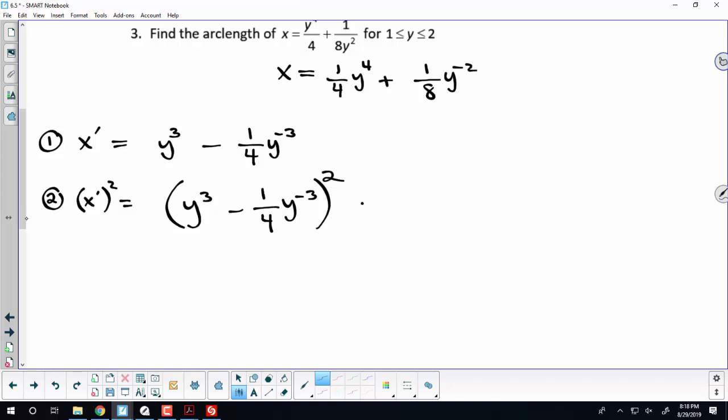But there we have the first thing squared, the last thing squared, and then twice the product of the two terms. So when we multiply the y to the negative 3 by the y to the third, that's just y to the 0, which is 1. And then we have negative 1/4. So we have twice that product. It gives us negative 1/2. So that is our derivative squared.